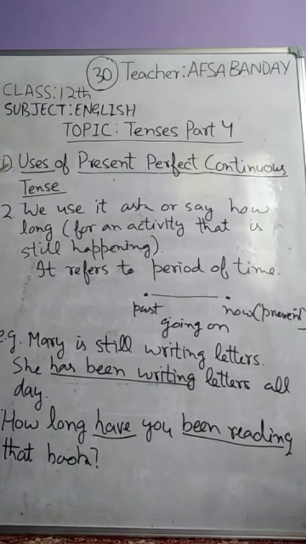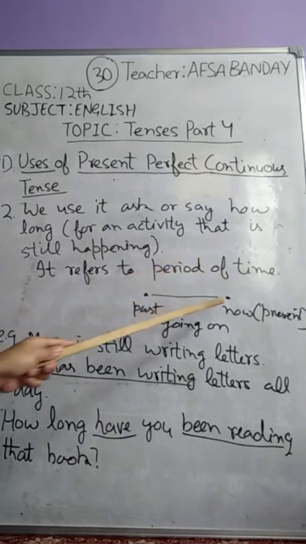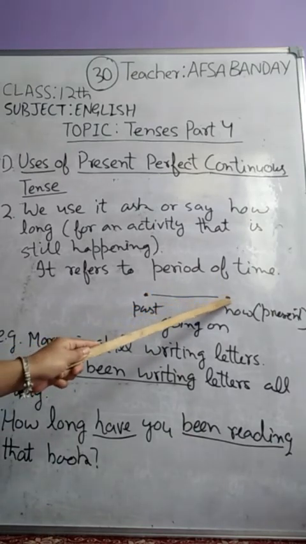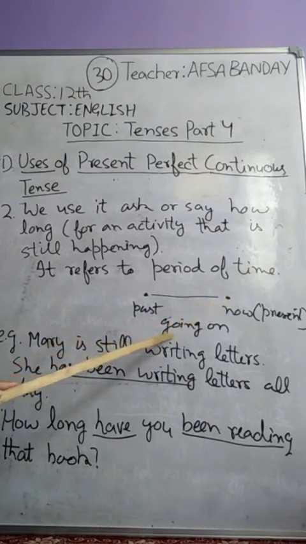Number 2, we use present perfect continuous to ask or say how long for an activity that is still happening. That means it refers to a period of time. There is a connection between past and present. The action is started in the past and it is connected with the present. But from the past until now, or we can say up to present, it is going on.